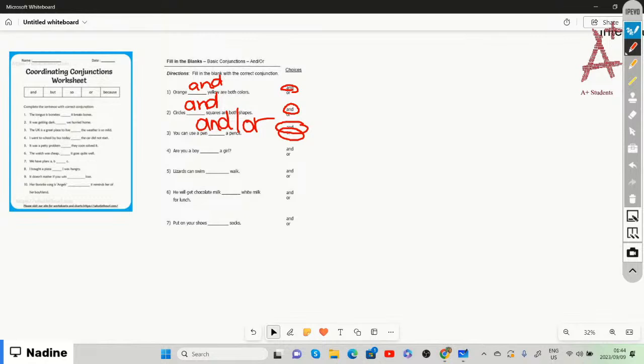Are you a boy and girl? Or are you a boy or a girl? When it comes to and or, like we say, it can either be both, because it depends on the context.